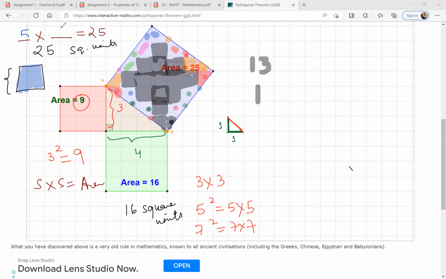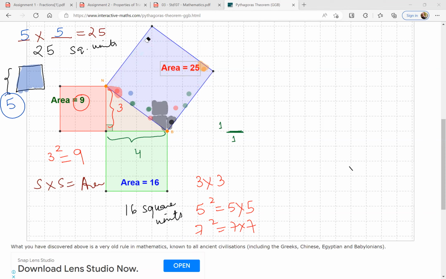So that means the side is how much? 5. So I'm going to erase all of this. What is the side of this blue square, the length of the side? 5 units.